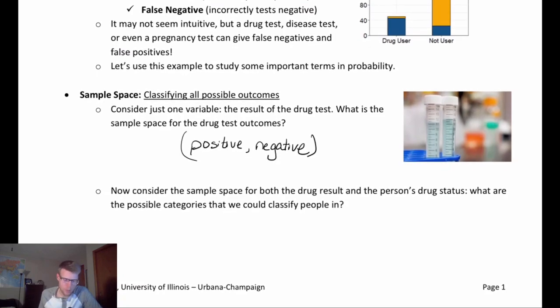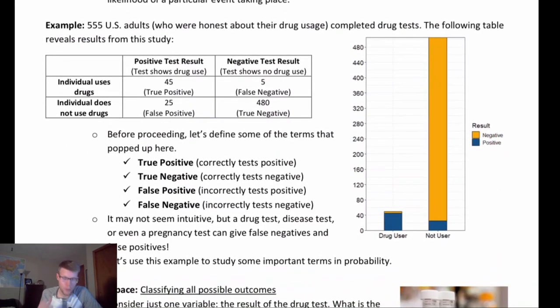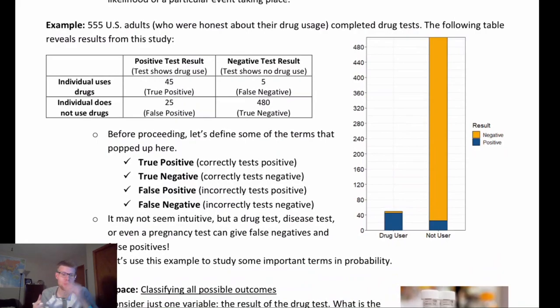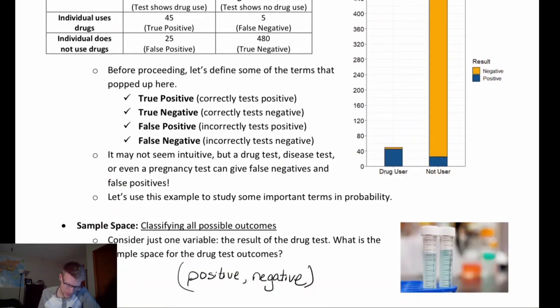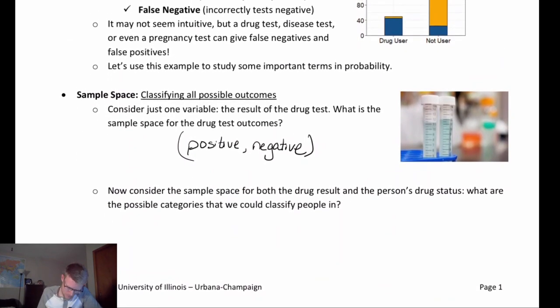Now, if you want to consider both variables together, right, there's also the person's drug status. So we could actually split this up into 4 different possible outcomes here, 4 different categories. So if we wanted to do that, then the 4 results are going to be true positive, true negative, false positive, and false negative.